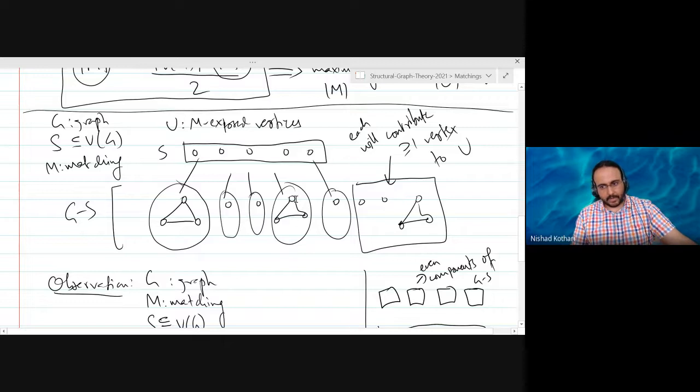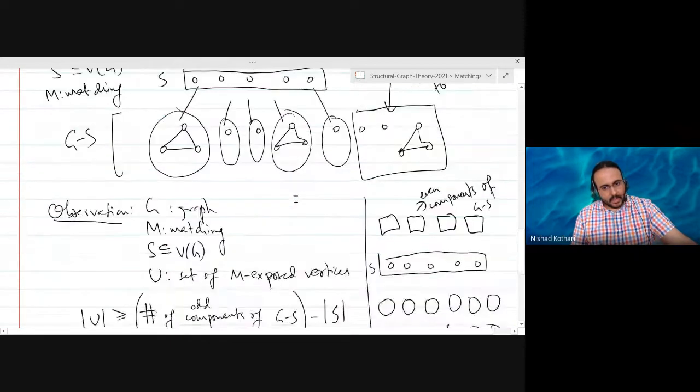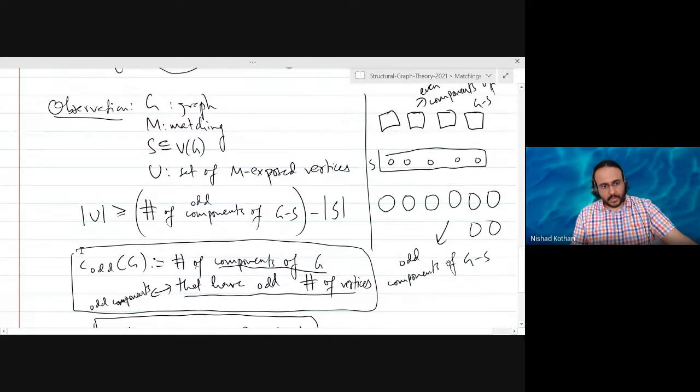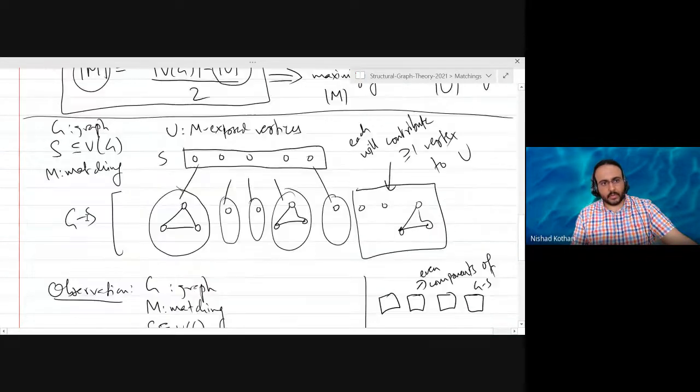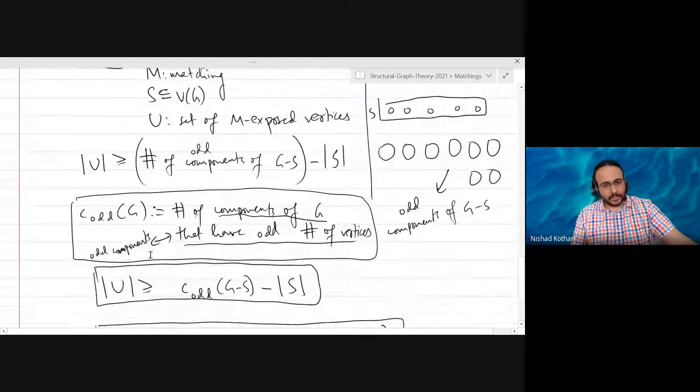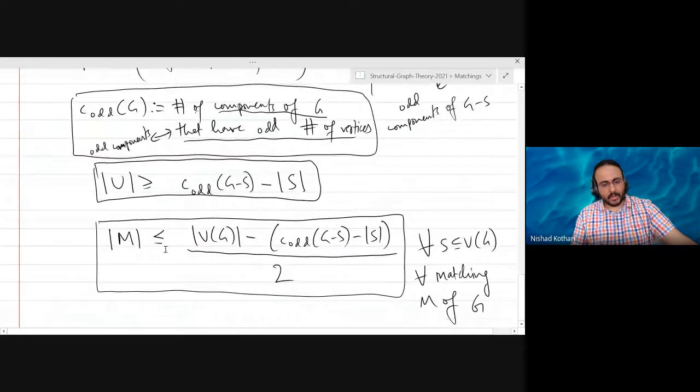That's fairly clear, right? And so we get this inequality that I just mentioned. The cardinality of the exposed vertices is at least this quantity on the right hand side. But this number, the number of exposed vertices, is related to the size of the matching by this equation, obviously. And so that gives you the next inequality, which is that the size of the matching is at most this quantity on the right hand side.